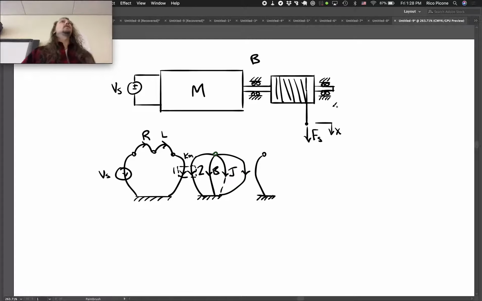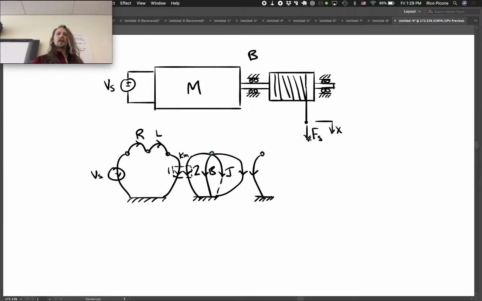It's not flexible. In certain instances, you might need to take that into account, but we'll assume for now that that is a wire that's not going to be stretchy. And there's going to be some relationship between these two sides we should figure out now. So let's go ahead and do that.